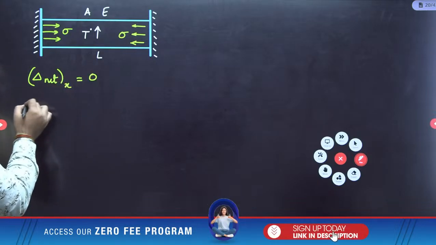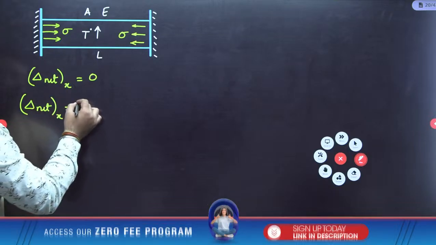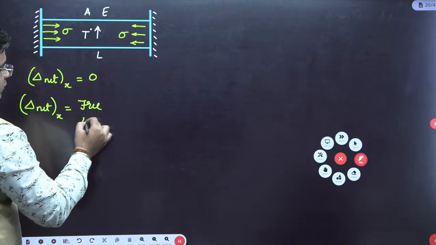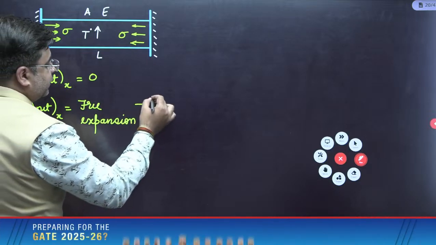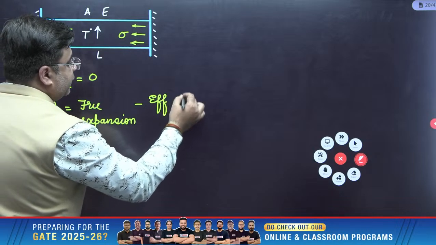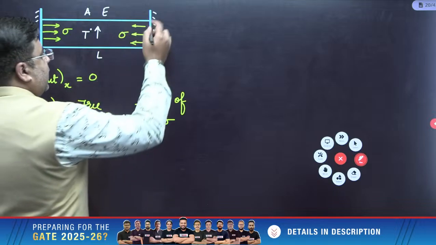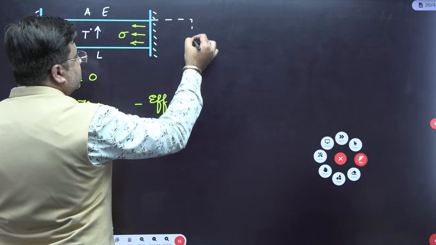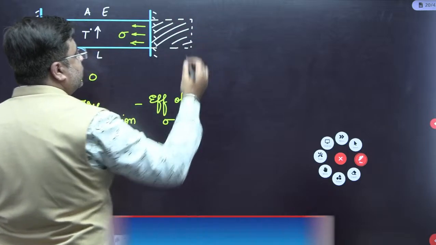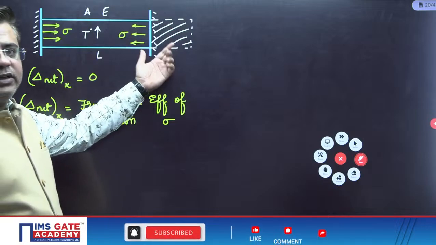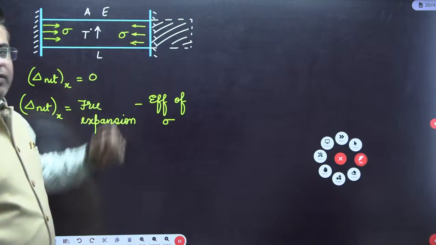So delta net along x is free expansion minus effect of sigma. If there would have been no support, this bar would have easily deformed like this, and this deformation is termed the free expansion. But support is present, so this free expansion is not allowed, due to which sigma will be produced here.